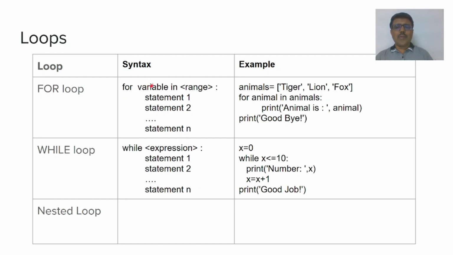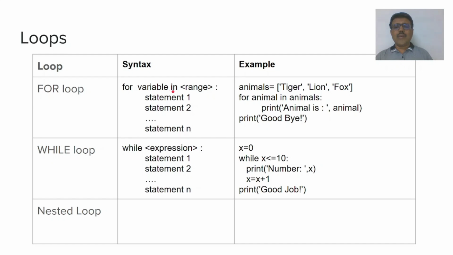It can be x or i or any meaningful name; you can just give the variable name here. Only one thing you need to note: this variable you are not going to declare. You are just using it inside the for loop only.